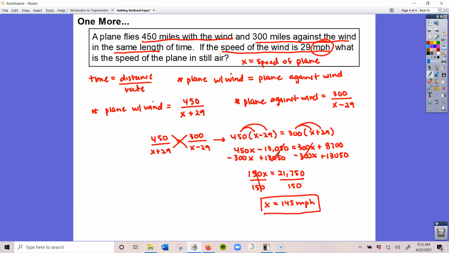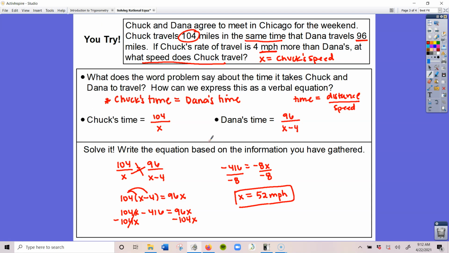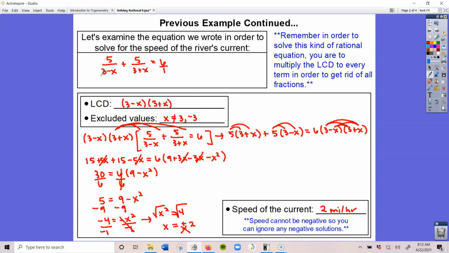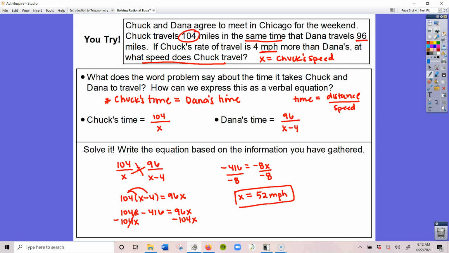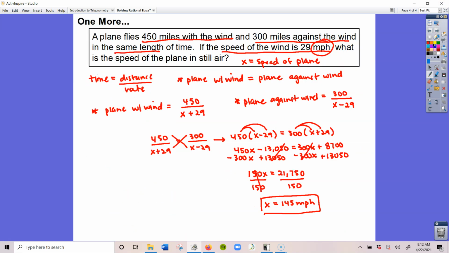So now you'll notice in this example, we had in the rational expressions in the denominator x plus 29. But in the rational expression that we did before, we had 3 minus x. So the x changed positions, and it all depends on what you're solving for.